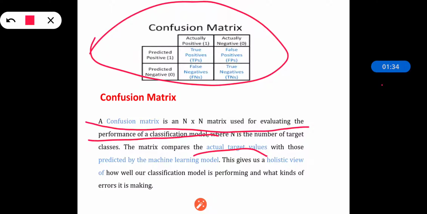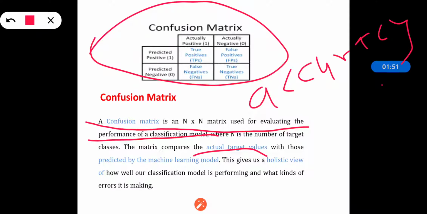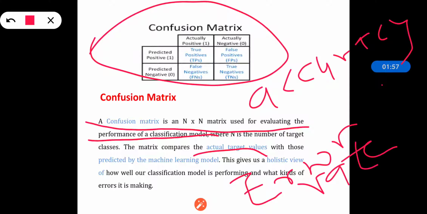Whenever the confusion matrix is used, it is used for providing the information needed to determine how the model performs, and for that two main concepts are used, that is accuracy and error rate. So accuracy is nothing but the number of correct predictions divided by the total number of predictions.